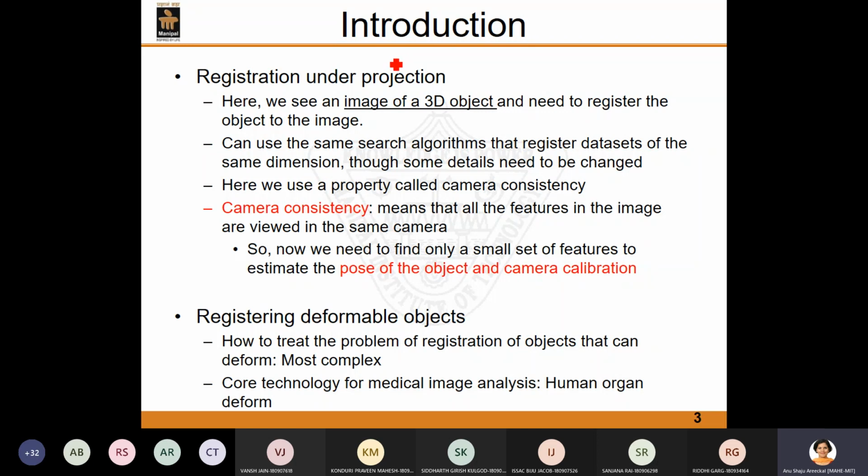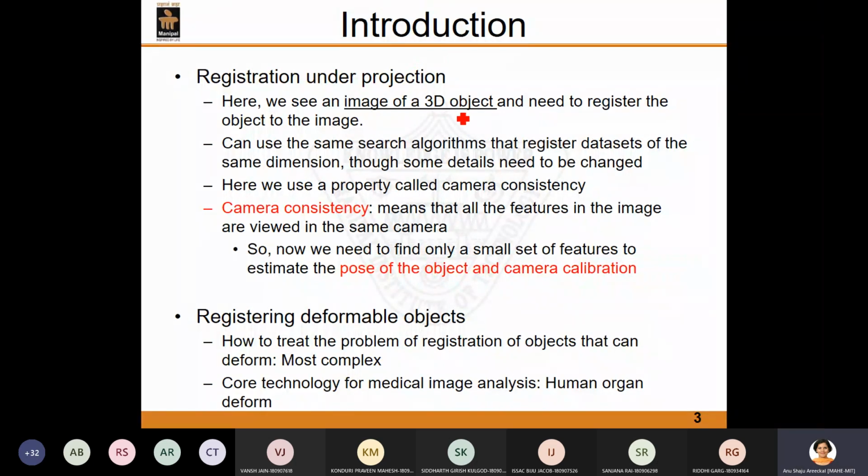In rigid objects the shape remains unchanged, so when you are trying to find the key points in order to find the correspondence between the two images, it is easier to identify the key points because they remain the same, and easier to map these key points from the source to the target and to identify the transformation. But in the case of deformable objects, it is much more complex as compared to rigid registration.